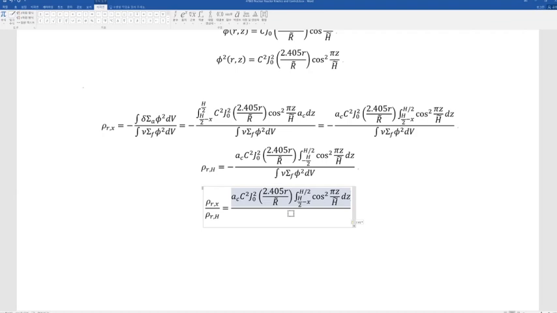This would be the equation for when the depth of the insertion is x, and this would be the equation when the depth of the insertion is h. So when only x is inserted, and this would be when the control rod is fully inserted.